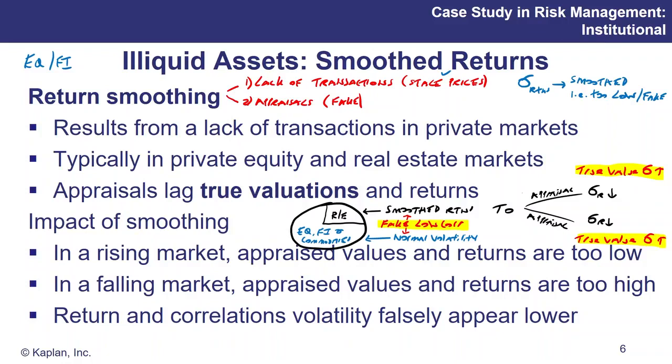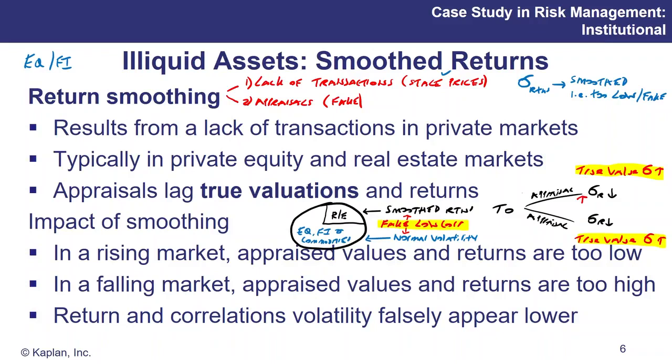Just to be aware of this, of course, that's the main idea, looking at the numbers and realizing what's happening here. So if we look at the appraised upward market movement, the true market movement's probably going to be higher. We're going to get more of a rise than our appraisal suggests.